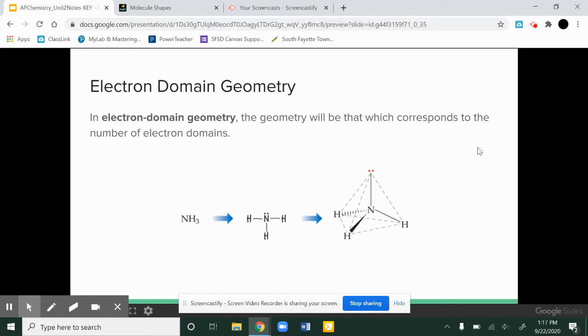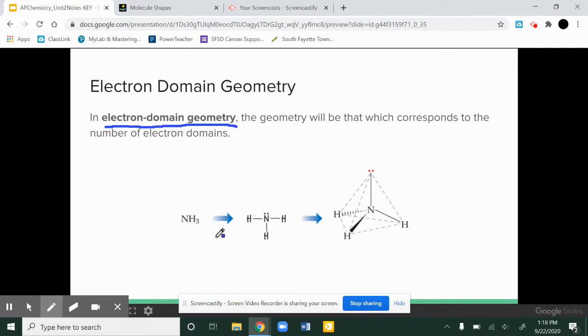A term that is slightly different than bonding domains versus non-bonding domains is the electron pair geometry, or the electron domain geometry. It's simply the geometry that corresponds to the total number of domains.